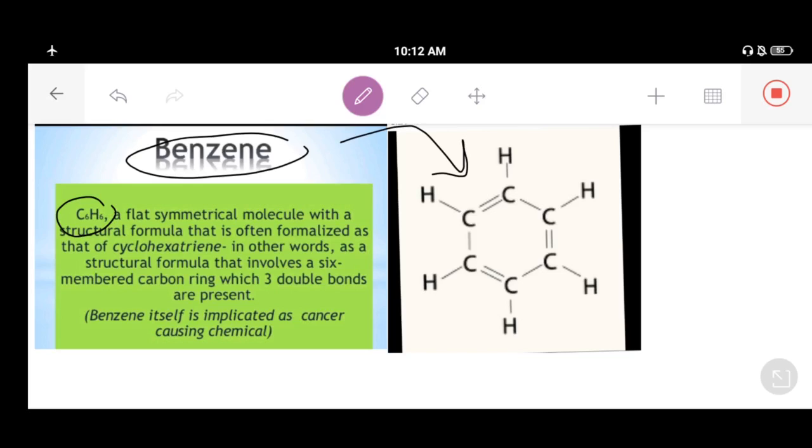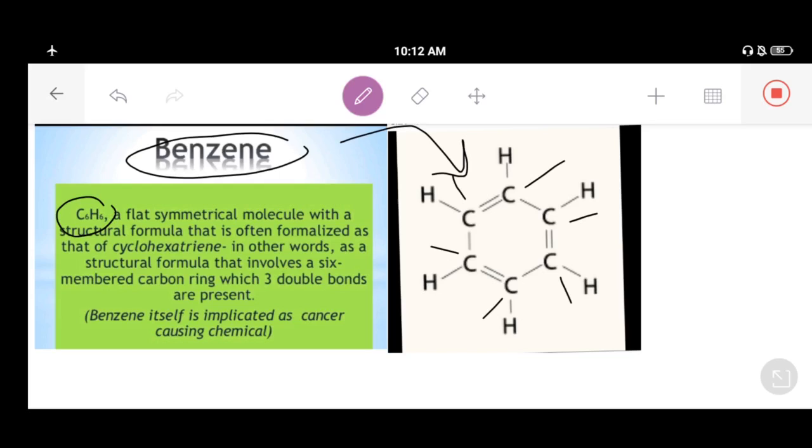That means a molecule of benzene is made up of 6 carbon atoms and 6 hydrogen atoms. Look students, this is the first carbon, this is the second carbon, third carbon, fourth carbon, fifth carbon, sixth carbon. That means it contains 6 carbon atoms and it also contains 6 hydrogen atoms.